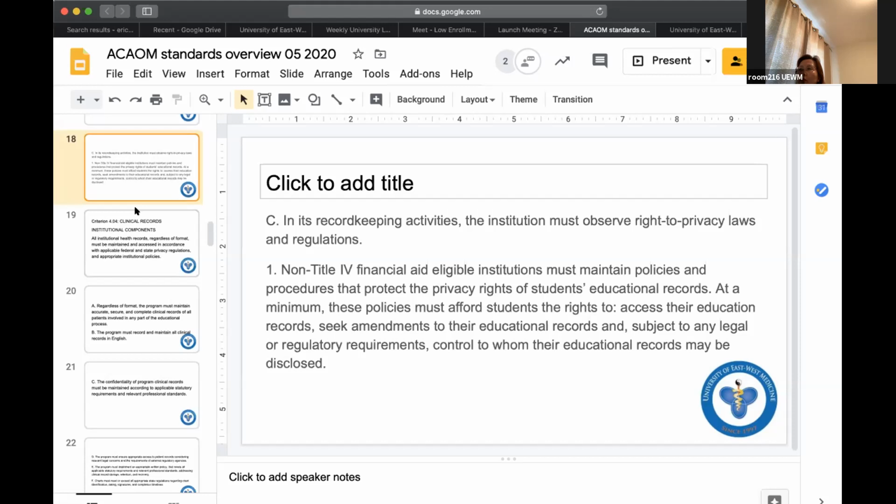For record keeping for Title IV financial aid, they have their own specific record keeping system. I think we are doing really good for this part. For criteria 19, I want to focus on the clinical record.